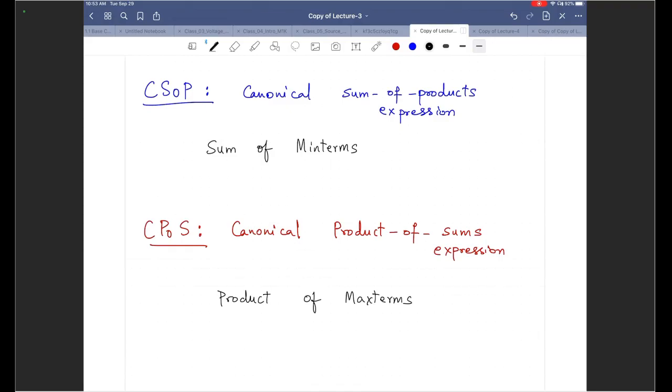Now, one thing that I want to emphasize is how you indicate minterms. Minterms are denoted using a small m, and maxterms are indicated using a capital M.